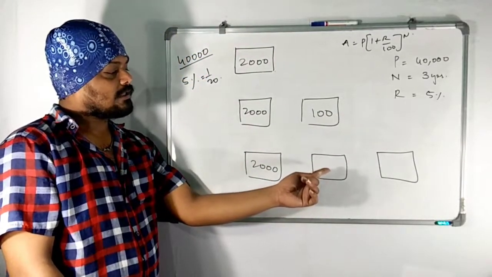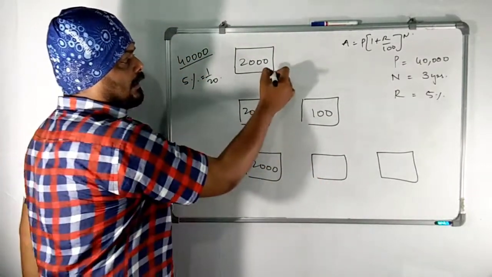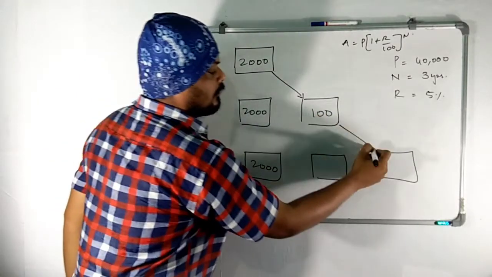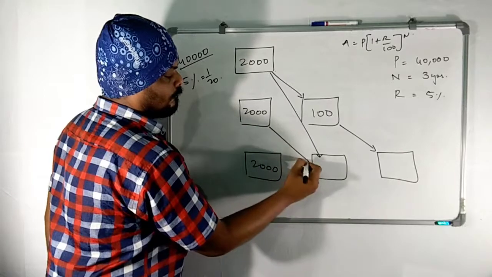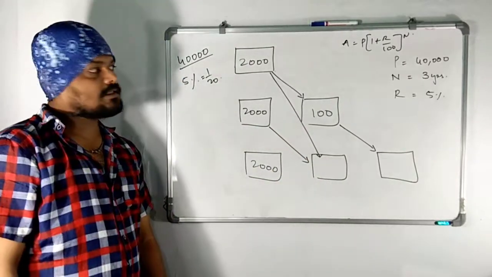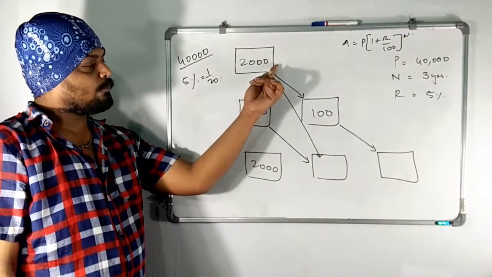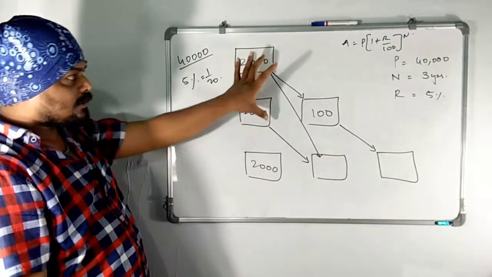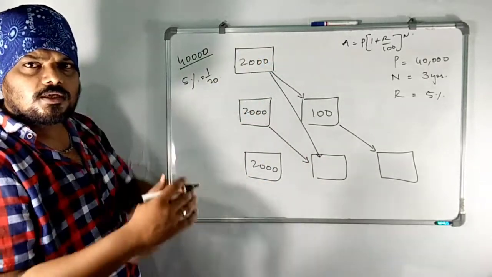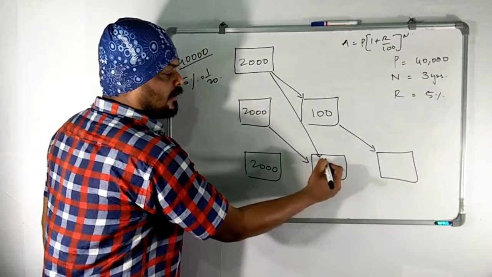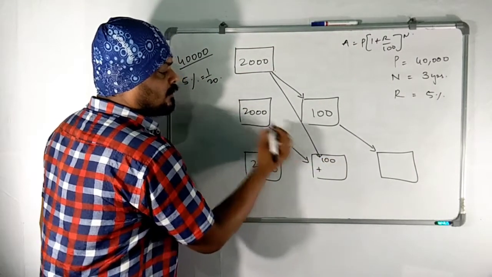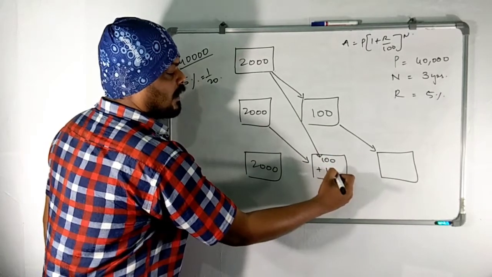And here it is increasing like this. Here it is increasing upon this, and here it will be increased upon both the years. So 5% of 2,000 is 100, and 5% of 2,000 is 100.